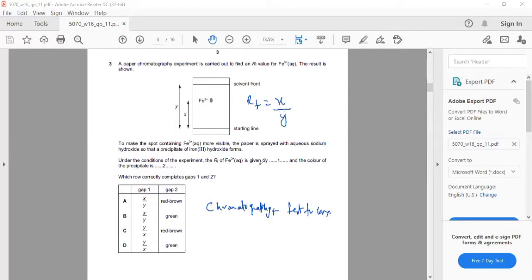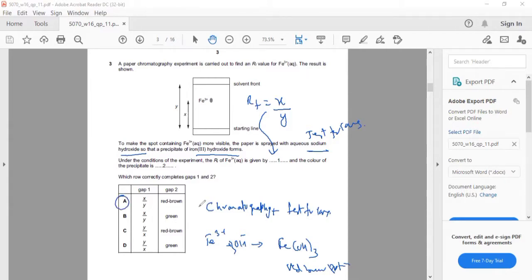So the Rf value should be this. For the color of the precipitate, iron(III) hydroxide forms when you add sodium hydroxide. This is the test for ions. In iron(III), if you add NaOH, you will get iron(III) hydroxide, a red-brown precipitate insoluble in excess. Okay, so A is the answer.